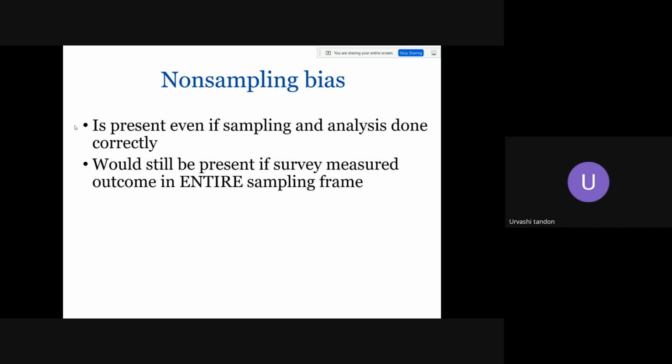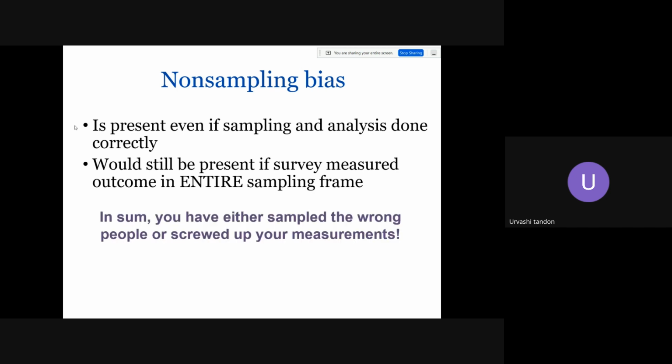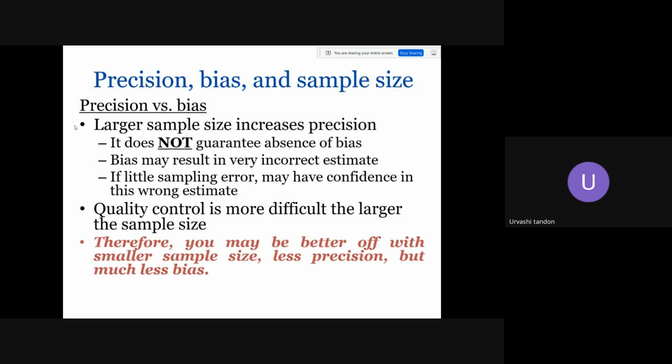That is going to lead to bias, because you have either sampled the wrong people, or your measurements have skewed to one side. In a normal distribution, they are either left or right skewed. This is non-sampling bias, the same thing which I have been telling.